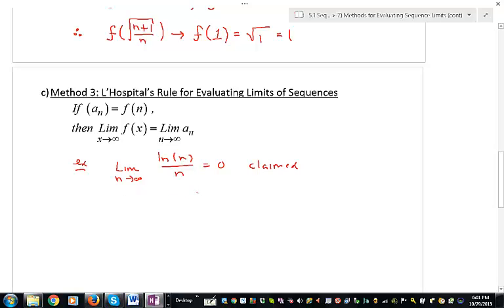So what I'm going to do is the following. I'm going to write this sequence. I'm going to say f of n is equal to, okay, this is going to be the function that generates the sequence. And what this tells me, therefore, is that the limit as n goes to infinity of the sequence is equal to the limit of the function as x goes to infinity.